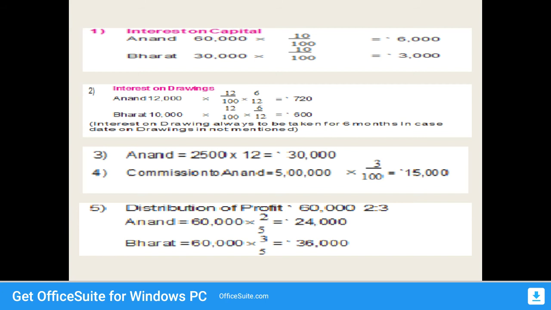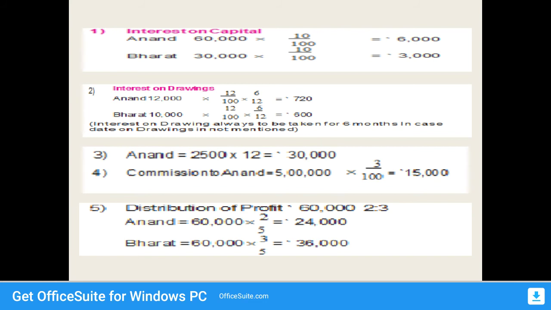Third adjustment, Anand's salary is 2,500 per month, so 12 months' salary is equal to 30,000. Commission to Bharat: 5 lakh multiplied by 3% divided by 100, 15,000.